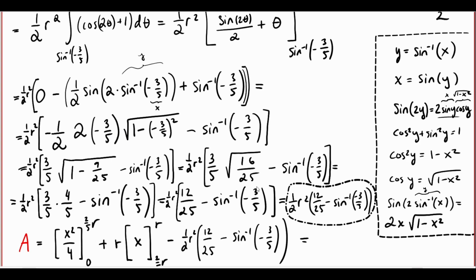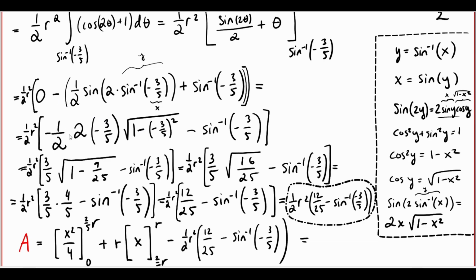And then we have this square root of 1 minus, and then we have to square whatever is inside this arc sine here, which is x. So minus 3/5 squared. And then we have minus here because we have this minus sign here.